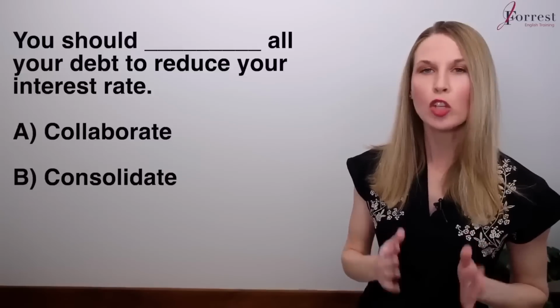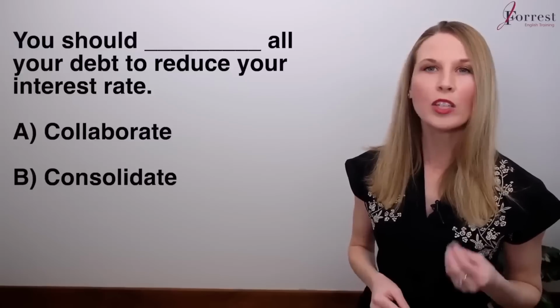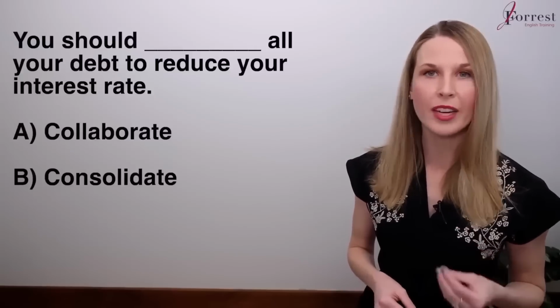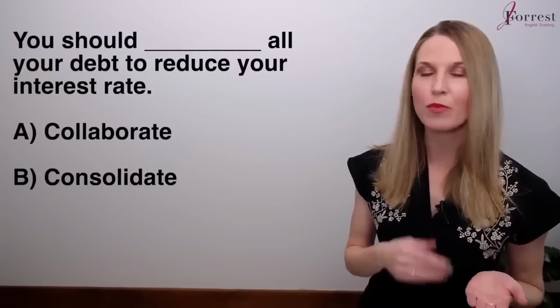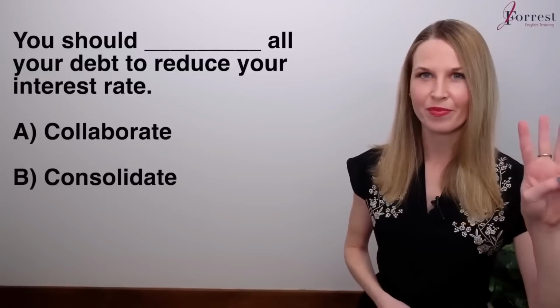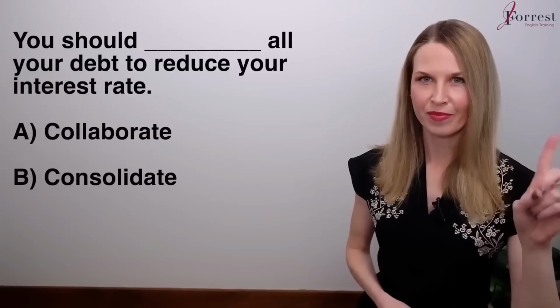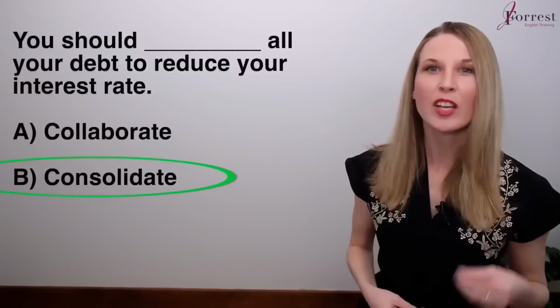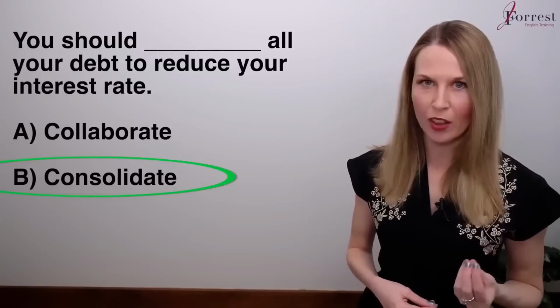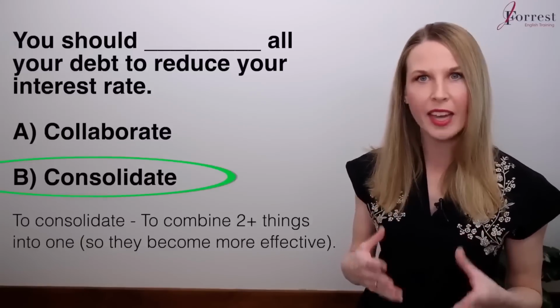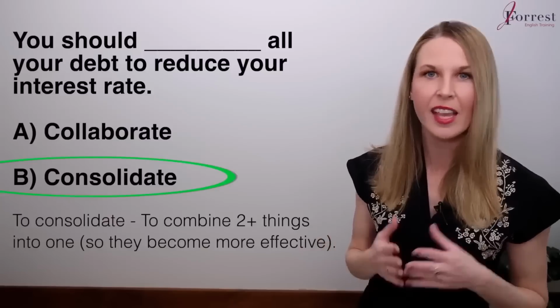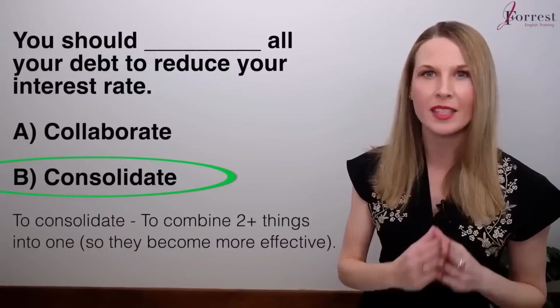Number 7, you should all your debt to reduce your interest rate. A or B? B, consolidate. When you consolidate 2 or more things, it means you combine them together.